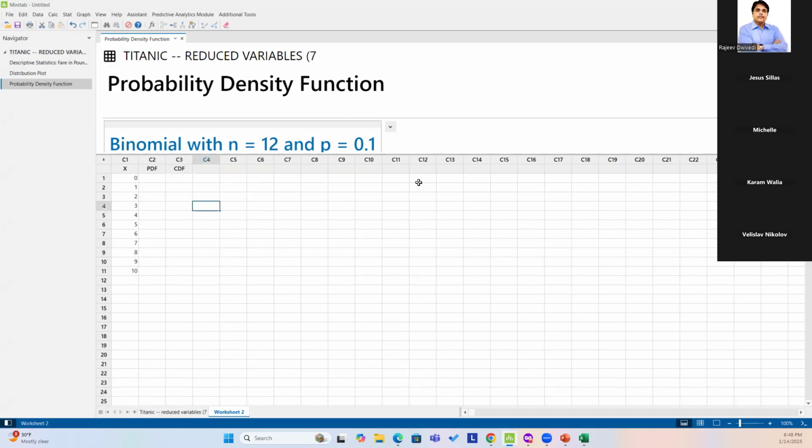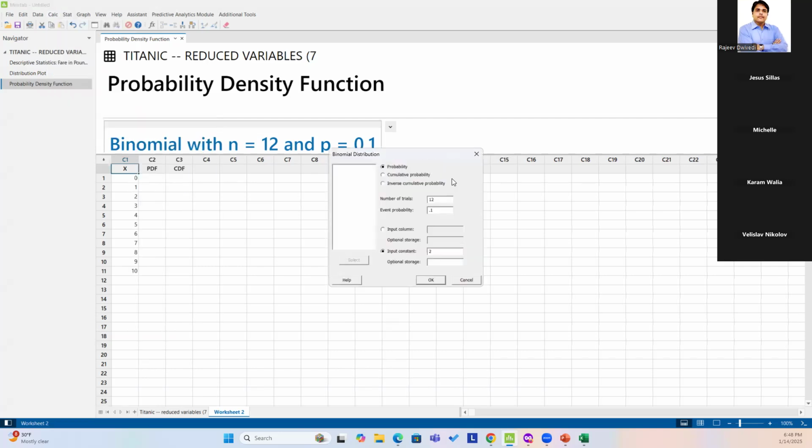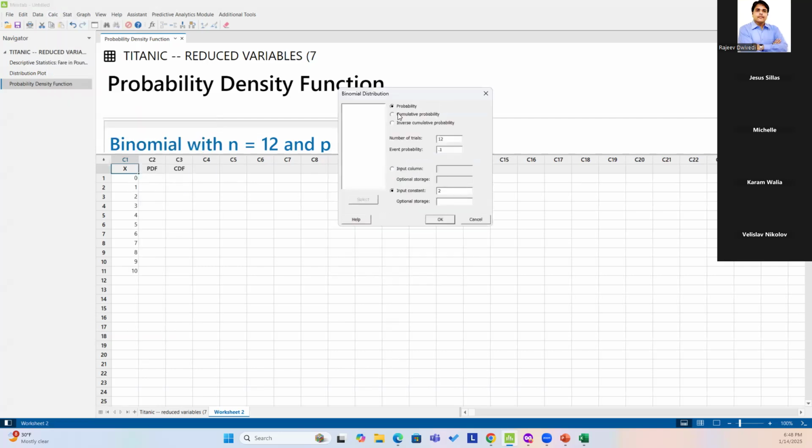Let's do this for the same example. I use Calc, probability distributions, and binomial. First, probability means PDF. Simple: the number of trials is 12. The event probability is this.